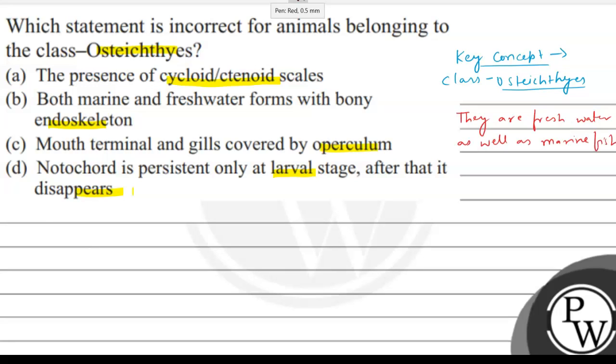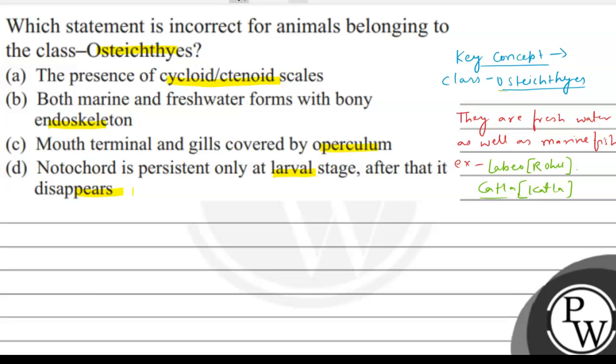Examples we can know are labio, which in common language is known as rohu. You have heard about katla. It is known as katla as a common name. So these are the fishes which are very common of ostracids.